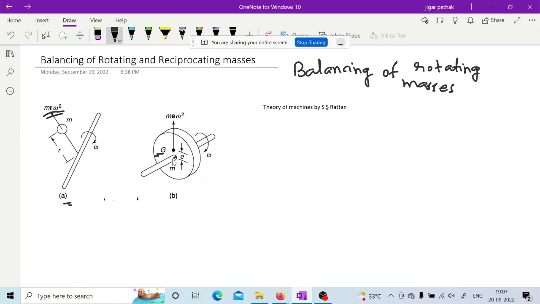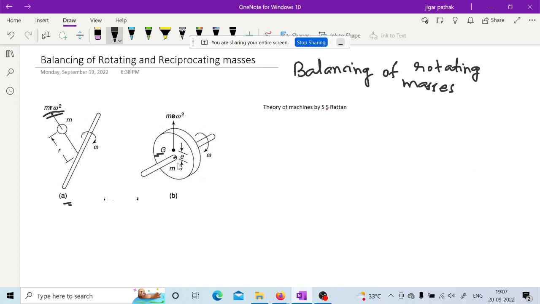We all know that during casting, some difference in density distribution may occur during solidification, and because of that the center of mass may have a little eccentricity e. So because of that also you can have an unbalanced force, again the centrifugal force m e omega square. This is how you can have unbalanced forces present in a rotating element.